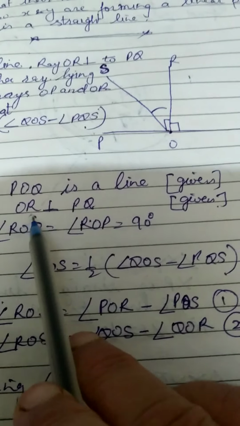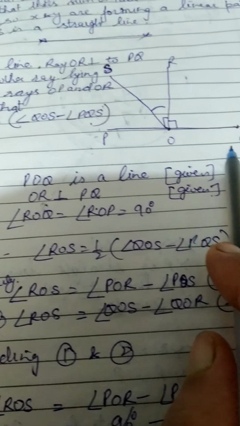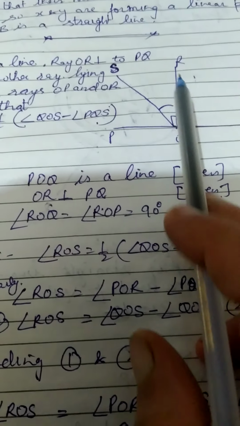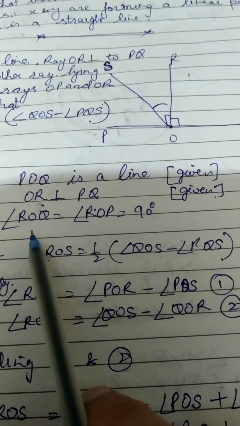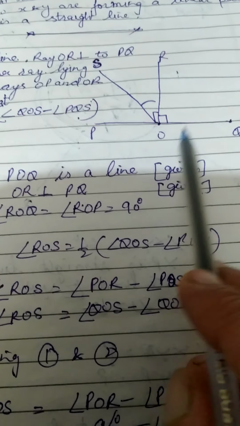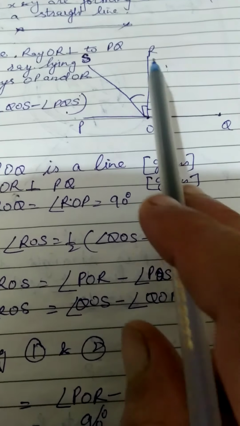Given is POQ is a line. Then OR is perpendicular to PQ. Then angle ROQ is equal to ROP is equal to 90 degree. To prove is angle ROS is equal to half of angle QOS minus angle POS.